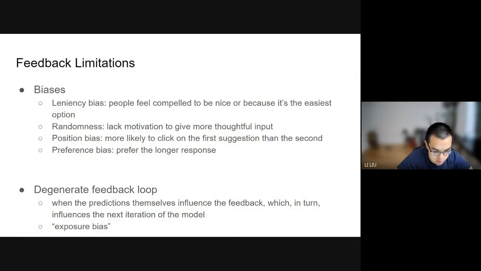And also the degenerate feedback loop. This is similar to exposure bias, where YouTube will recommend some videos, and you are more likely to see the videos on the top ranked pages.